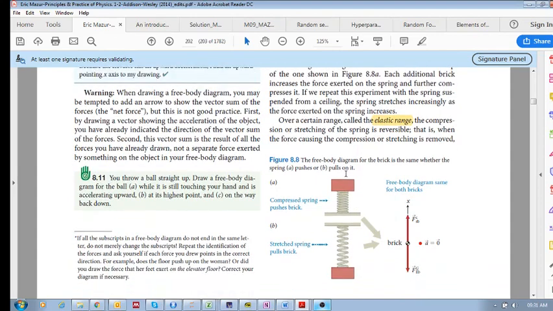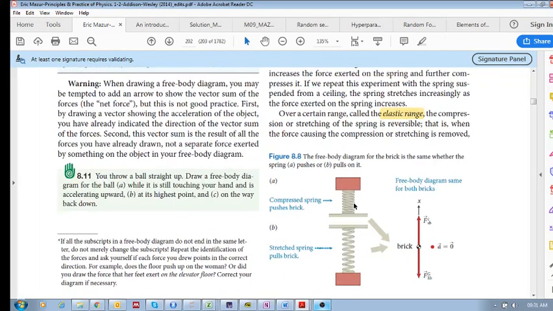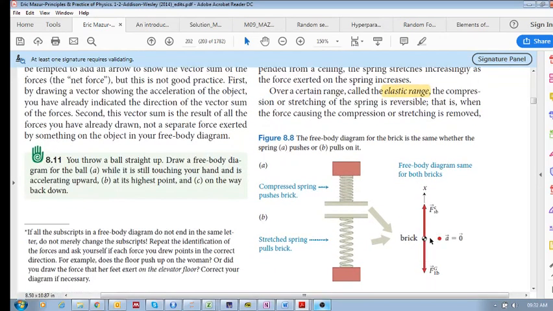So if we draw a free body diagram of this brick, we get this. Remember, how do we draw a free body diagram? Just ignore the one at the bottom now. Let's just look at this one here. We draw the center of mass for the brick. We know that it's in equilibrium, acceleration is 0.